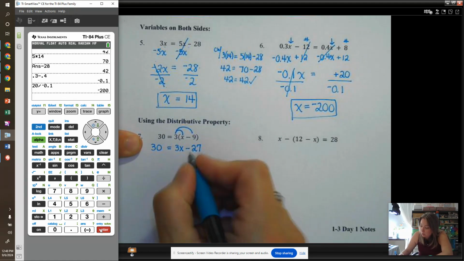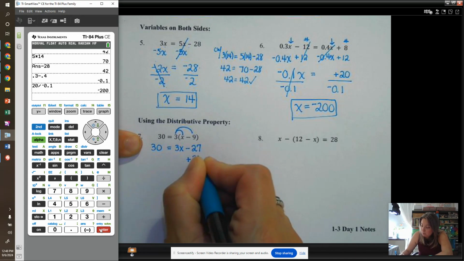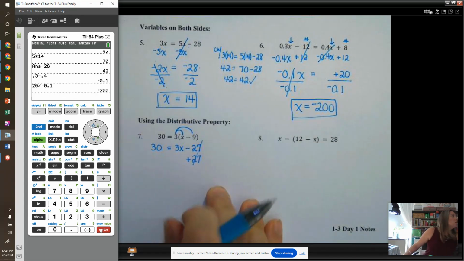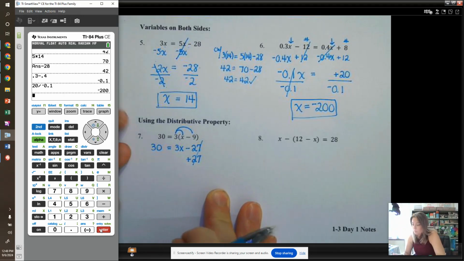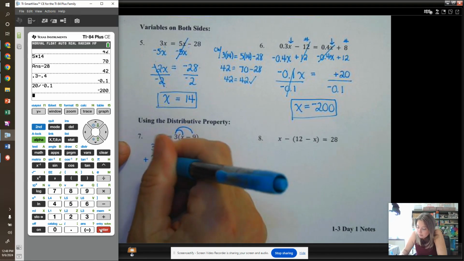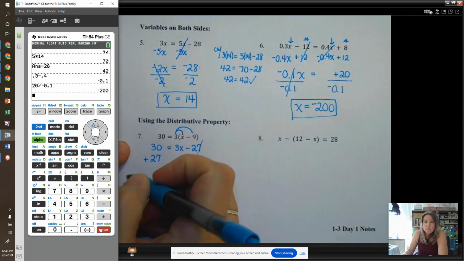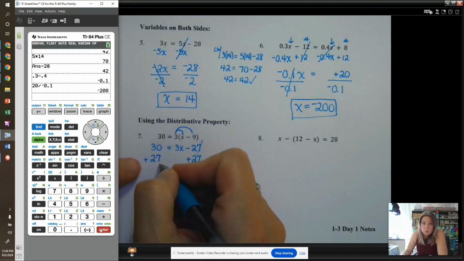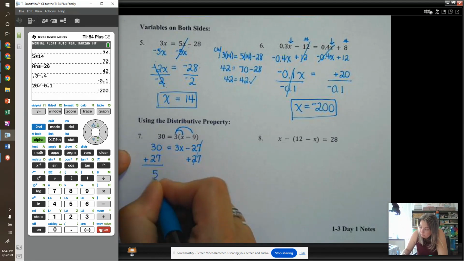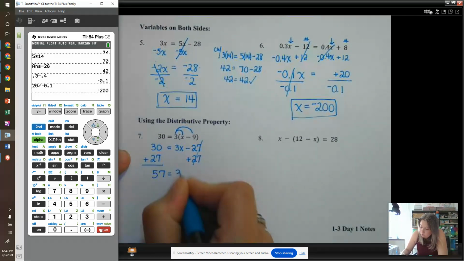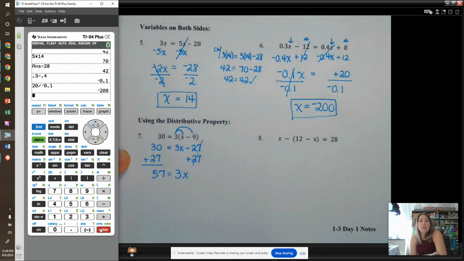So the easiest path would be moving that number by inverse operation. Okay? So 30 plus 27, sorry, that one canceled out. We get 57 equals 3x, which is the only thing left on the right-hand side.